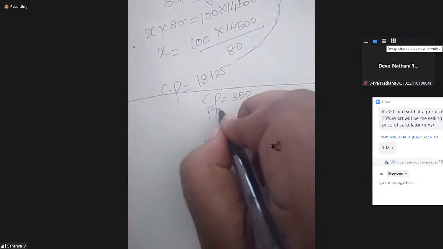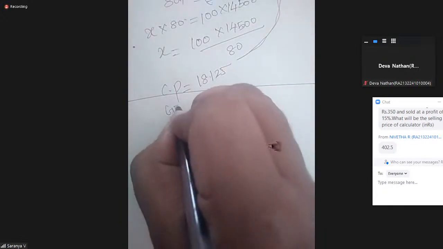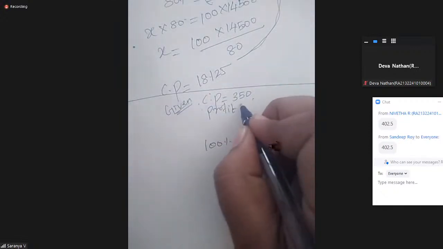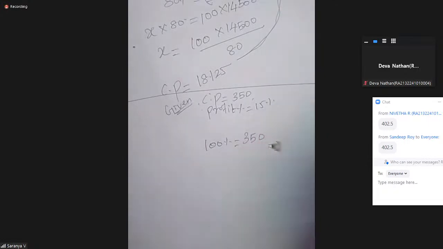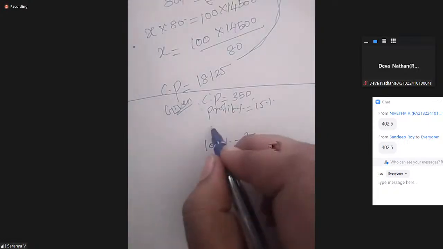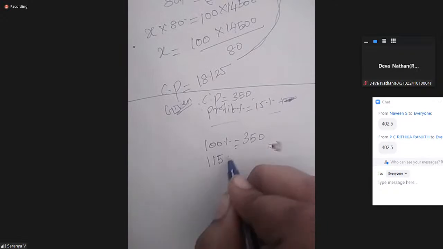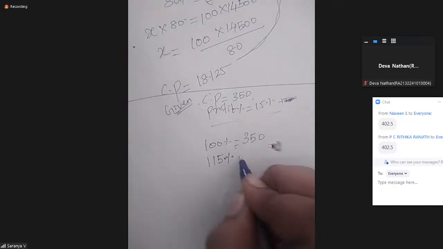And these are the given things. They have given the profit percentage is 15%. So if it is a profit, when you compare with the cost price, add with 100. So that is 115% now.